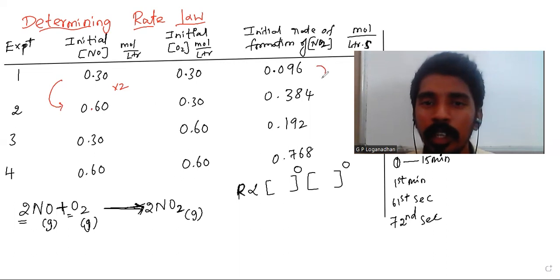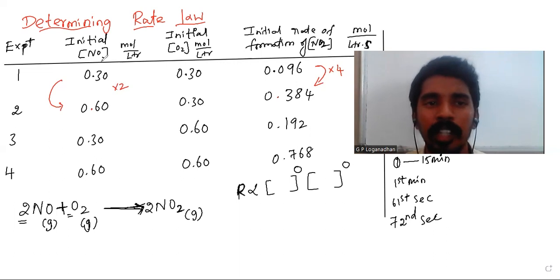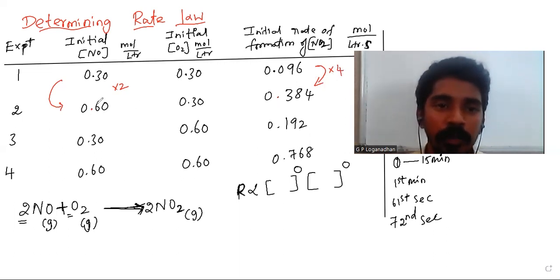Now we check the rate of the reaction, which is nothing but the rate of formation of NO2. The rate was 0.096, and when it is multiplied by 4, you get 0.384. So when the concentration of NO is doubled, the rate of formation of NO2 increases by 4 times.